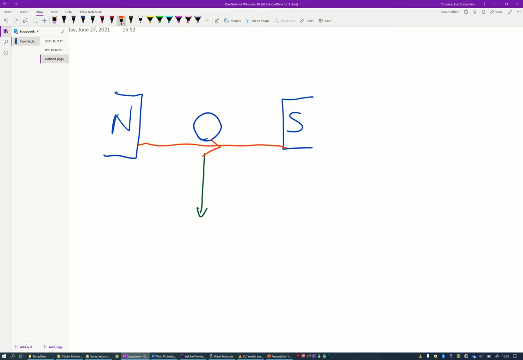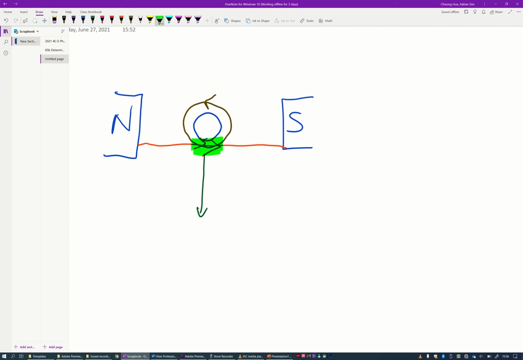And in order for the magnetic field strength below the conductor to be strengthened, the magnetic field has to be anti-clockwise. Because when it's anti-clockwise, you can see that the magnetic field strength, as I highlighted in green, will be stronger.